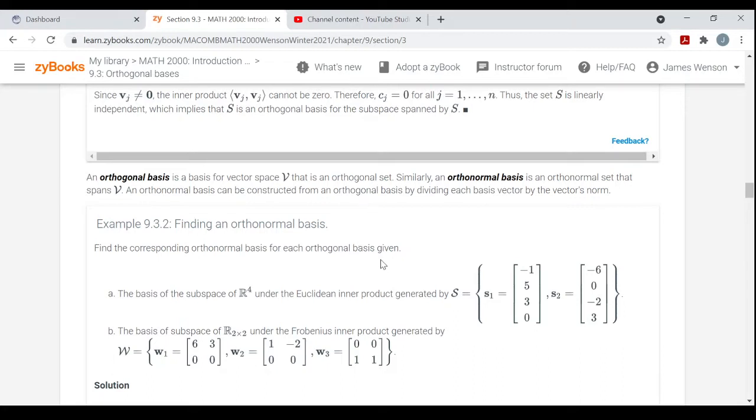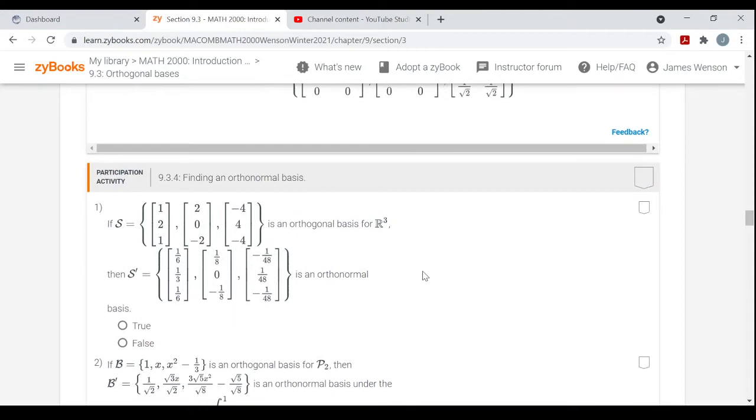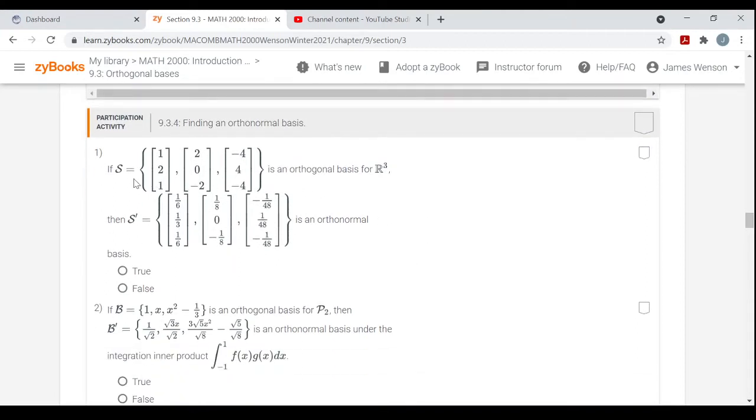So I'll do an example here. Actually, I'll let you read these. Let's do this one. I'll do number 1. So S is this set of 3 vectors here from R3, and they're telling us it's an orthogonal basis. So it's a basis for R3, which means it spans R3 and the vectors are linearly independent.